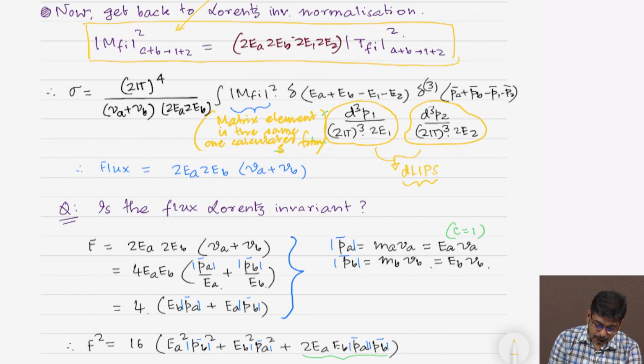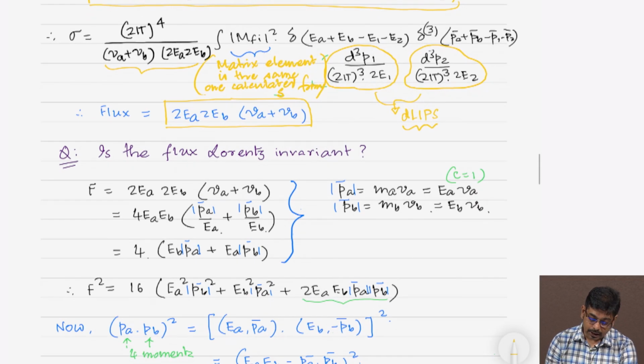And then we have this factor sitting down in the expression of cross section, and this is what is the flux, 2EA into 2EB into VA plus VB. And the question that you would like to ask is, is this flux Lorentz invariant?